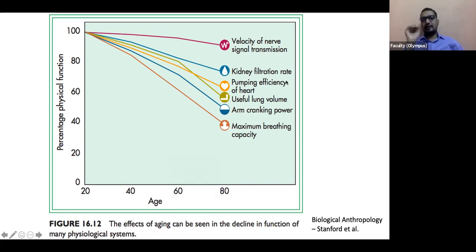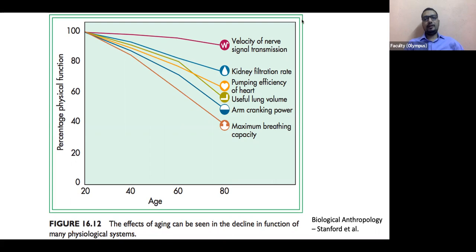Kidney filtration rate. The kidney's job is to filter the blood and remove toxins like urea, or nitrogen derivatives, and excess salts and excess water. Basically the blood gets filtered in the kidneys, but the rate at which this blood is filtered is also affected.